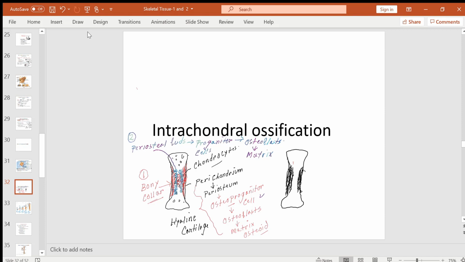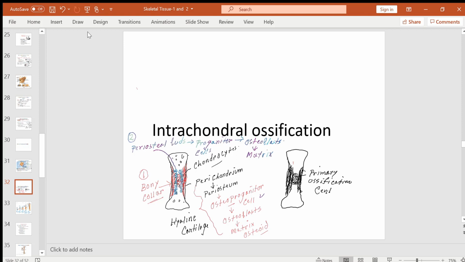The cells, chondrocytes, the cartilaginous cells, are clustered here in the center, and this area is called the primary ossification center.